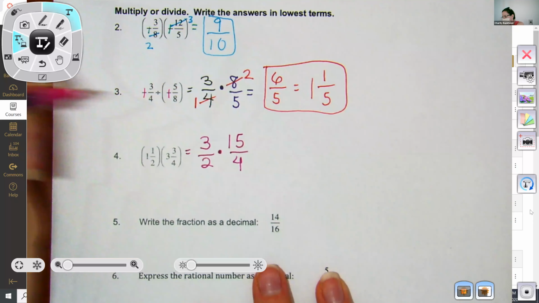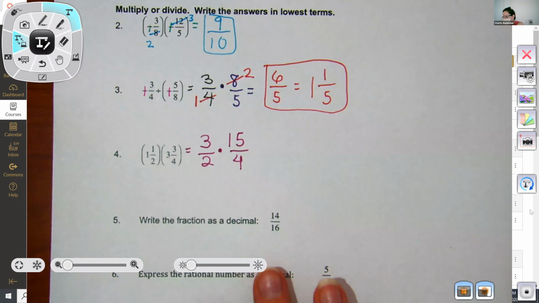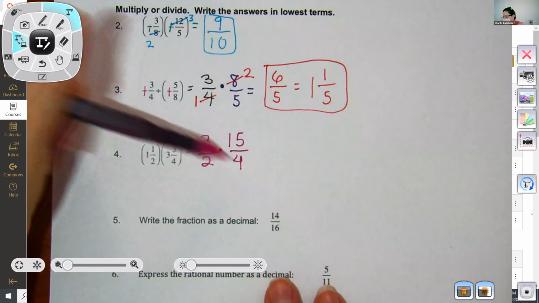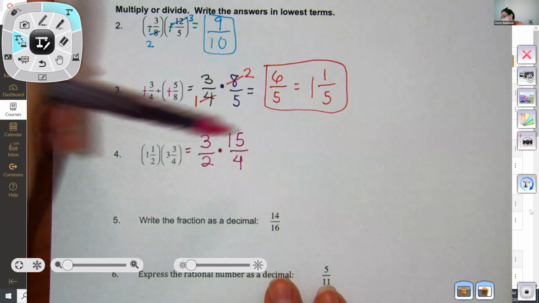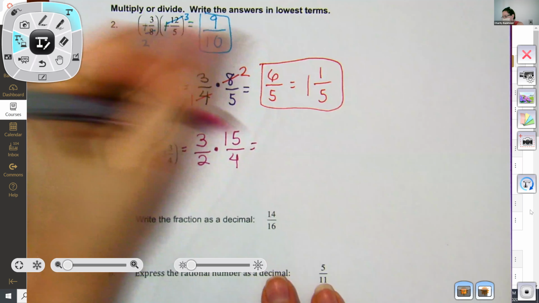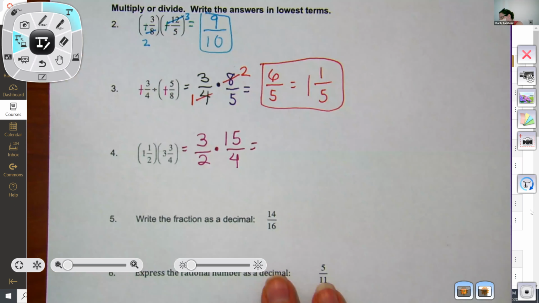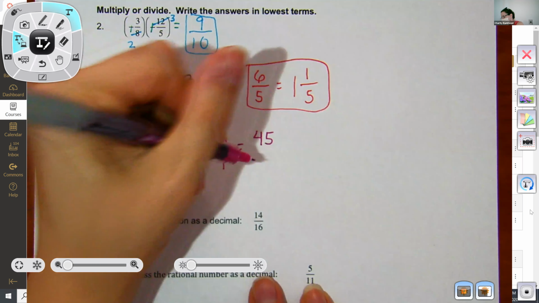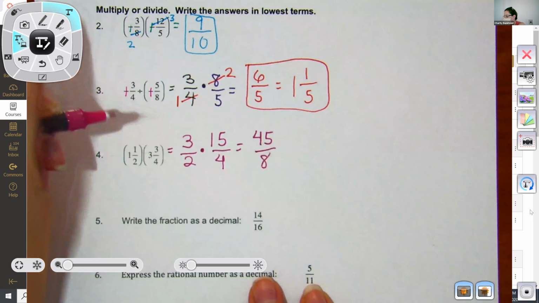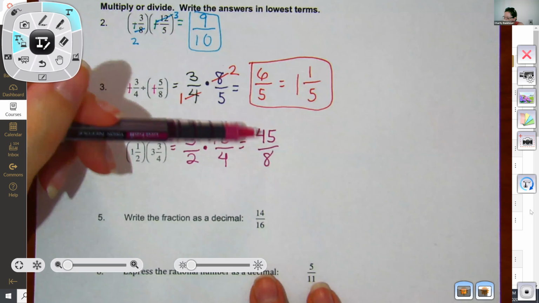There's nothing I can reduce, so just multiply straight across. 3 times 15 is 45, and 2 times 4 is 8.